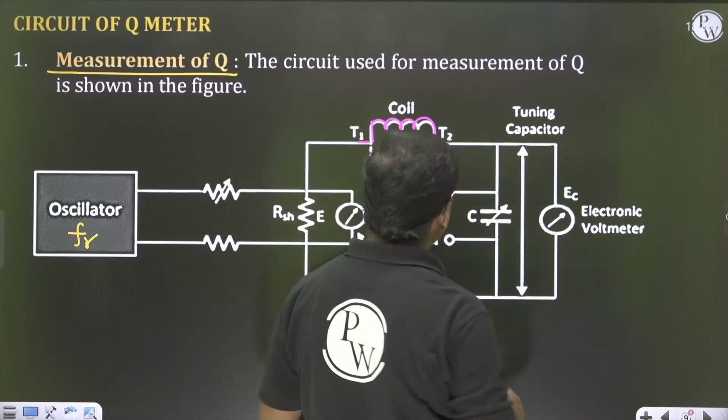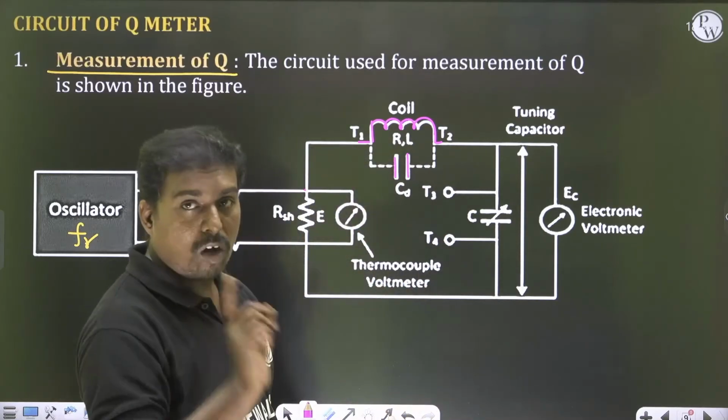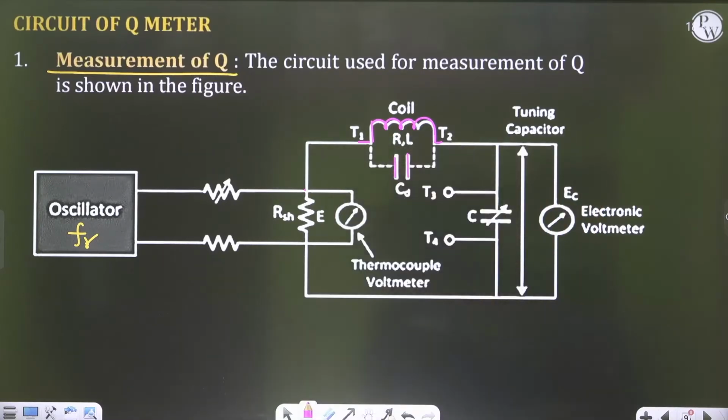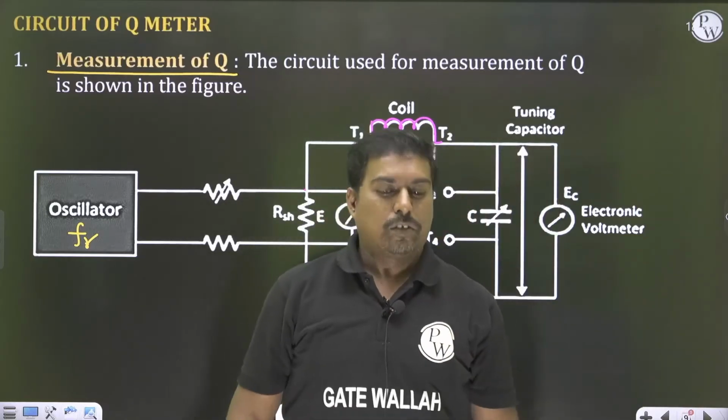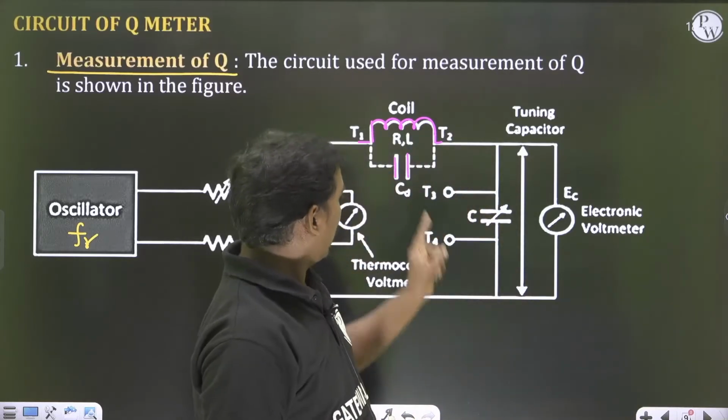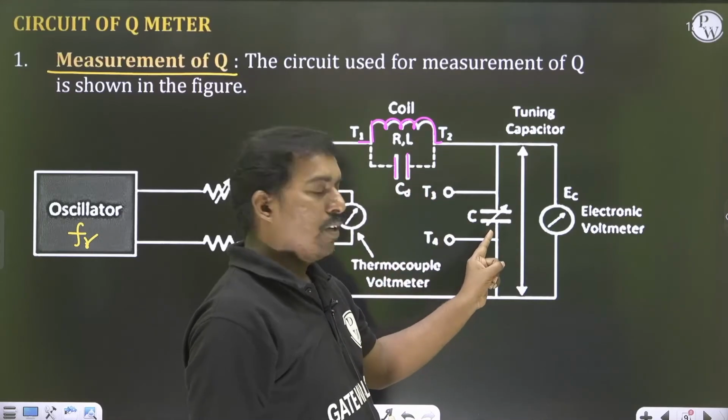Two capacitors are there. One is a constant capacitor. Remember, the coil is having one distributed capacitance which is constant, and this is the tuning capacitor.